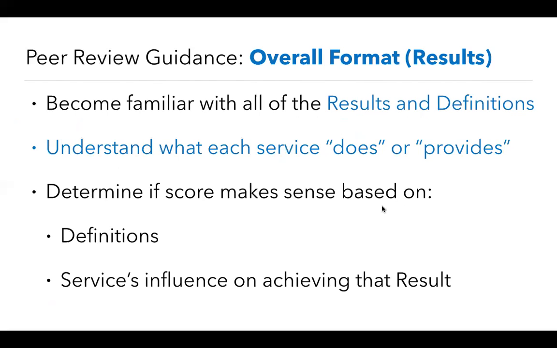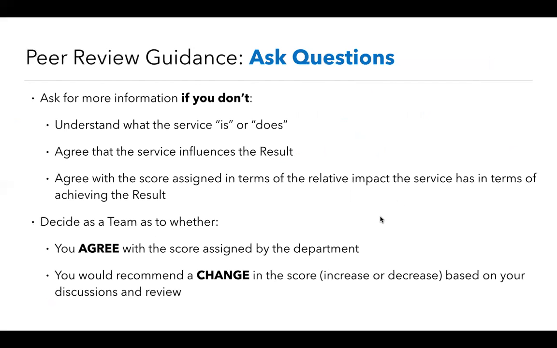What you're going to do in the initial phase is to go through and make sure the score makes sense based on the definitions within your result area. So we're looking at the service's influence on achieving that result area. As you go through, if you need to get more information, then that's when the team facilitator will reach out to the department who has done the scoring for those services.